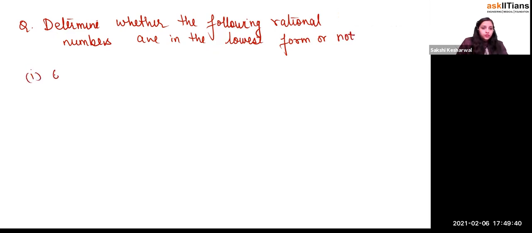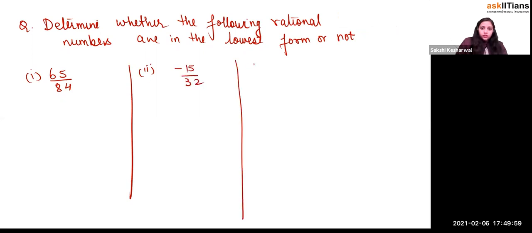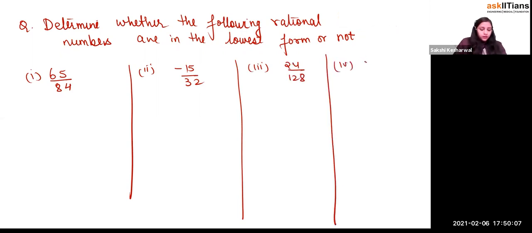So first one is 65 divided by 84, right? Second is minus 15 by 32. Third is 24 by 128. And fourth one is minus 56 upon minus 32.